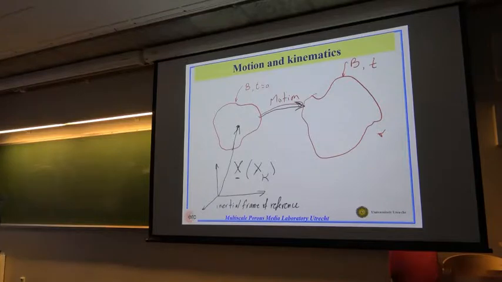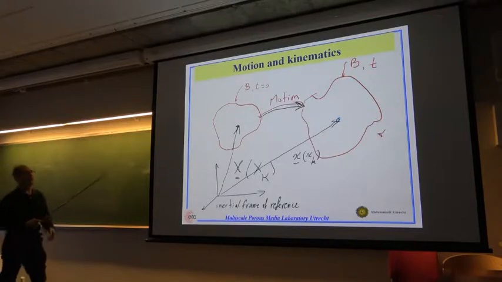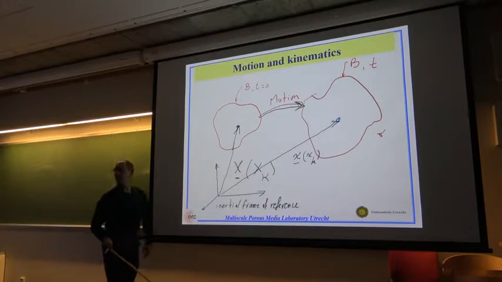And then that material point is taken by motion to a new position. The new position vector is shown by small x, with index notation x_k. So every point has a new position.